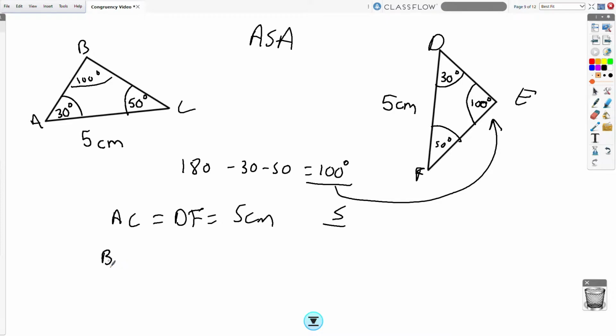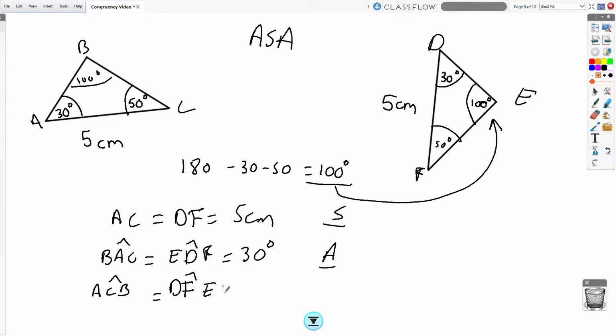So angle BAC of 30 is equal to angle EDF of 30 degrees. And let's use the angle 50. So ACB is equal to DFE, 50 degrees.